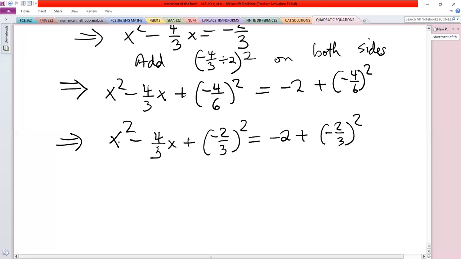Now you pick one x and join to this minus 2 over 3. So x minus 2 over 3 squared will be given by minus 2 plus 4 over 9.